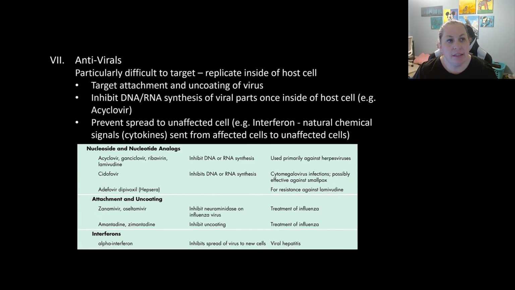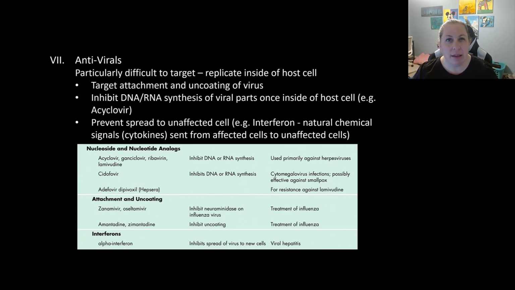The next one are your antivirals. These are actually super difficult to target because remember, viruses are intracellular parasites. They get inside of your cells. And so a lot of times we have to destroy the cell in order to destroy the virus. This creates a bigger issue. And so we want to target things like attachment, so the virus can't attach to an actual cell and get in.